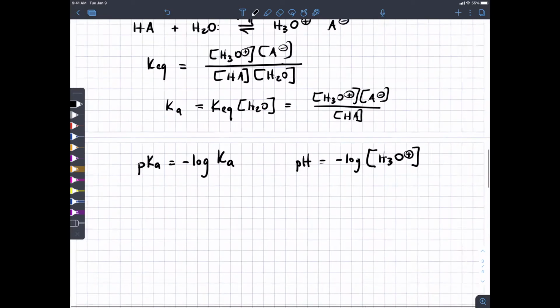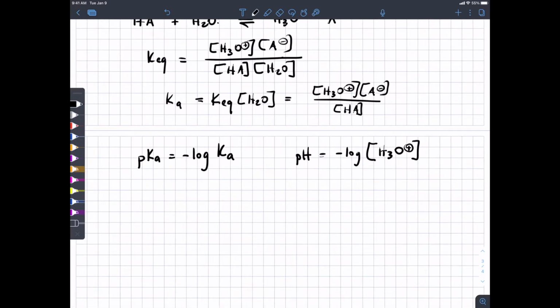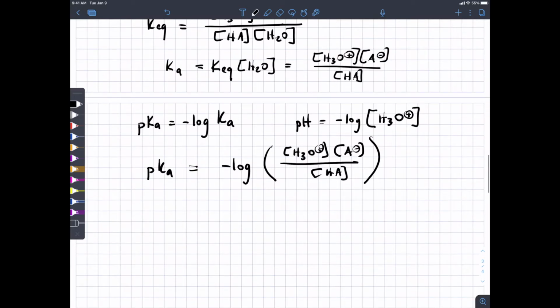Then we will take the minus log of both sides of our equilibrium expression: minus log of Ka, which equals pKa, and then minus log of H3O plus times the concentration of A minus divided by the concentration of HA. Then we're going to use logarithm properties to separate out some of these things.